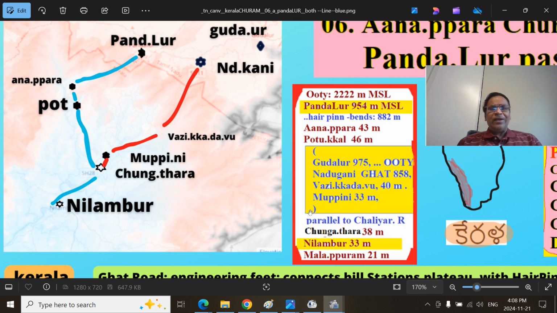Then this diversion I will omit here, but I have put for your convenience Muppini and Vazhikkadavu 33-40 meters, then Nadukani pass Ghat itself. We see all of a sudden this is 858 meters. Then eventually it goes to Gudalur, Udagamandalam. Gudalur is 975 meters, Ooty is 22 meters or so. That's the part we are not interested in.